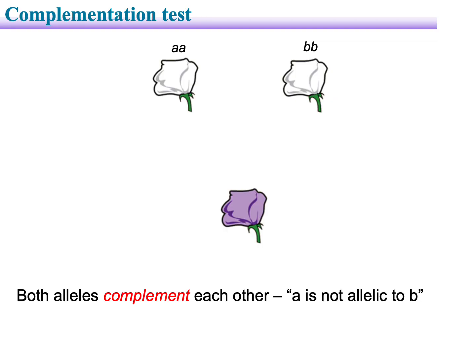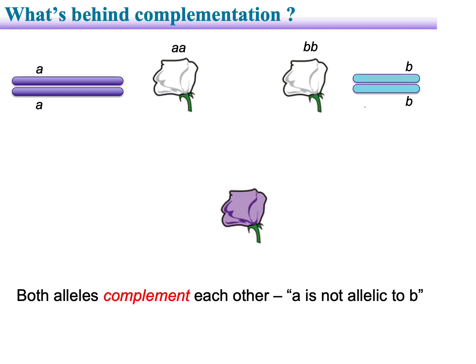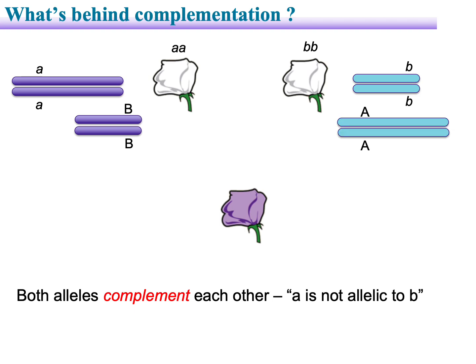How does this work? Here's how. In line A, both copies of gene A are mutated, but gene B is normal. In line B, both copies of gene B are mutated, but gene A is normal. We normally don't write these things out because we normally write the genotypes of genes that matter most for an organism, usually those that are mutated or different.